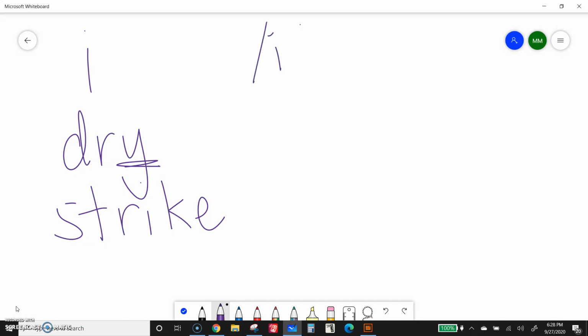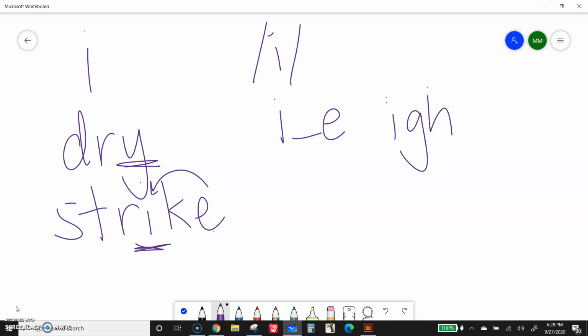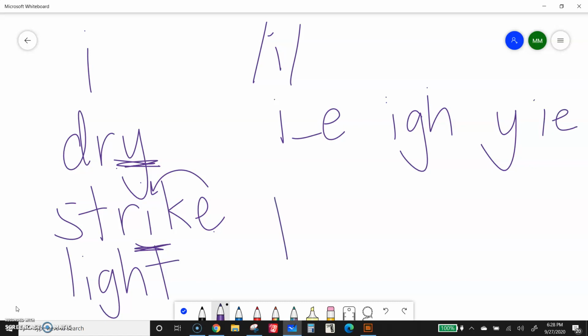So we have our long I. Sometimes we see I blank E, as in strike over here. That E at the end makes the I say its name. We sometimes will see IGH, like light. The Y, as in dry, or we can also see IE, like pie. Pie has an I sound. That is our long I.